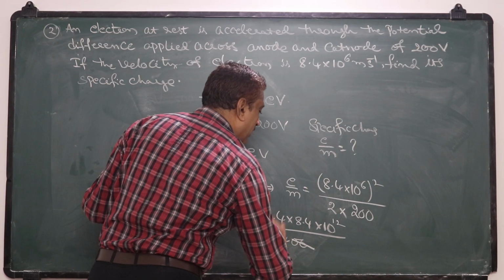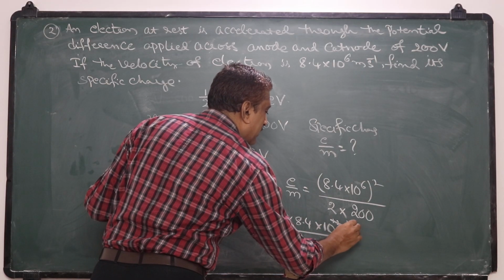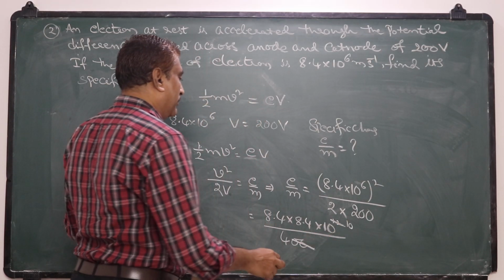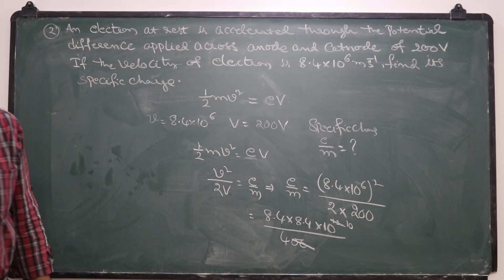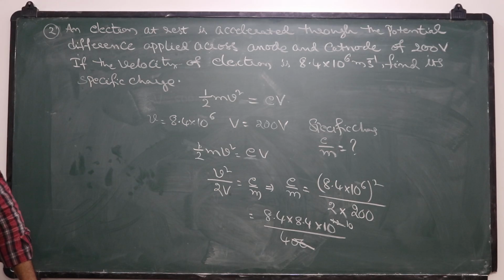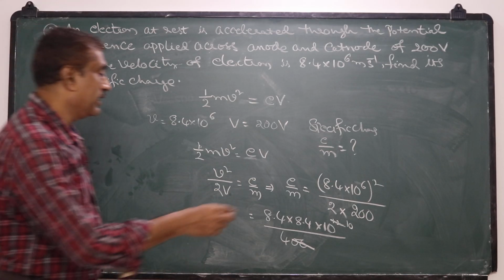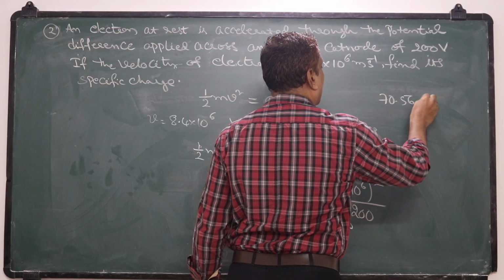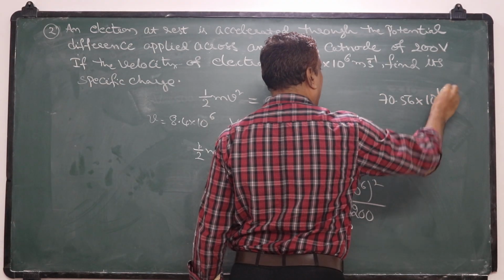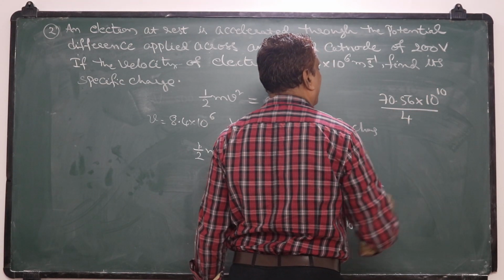So again these 200 will get cancelled. This is 10 power 10. So 8.4 into 8.4 is 70.56 into 10 to the power 10 divided by 4.